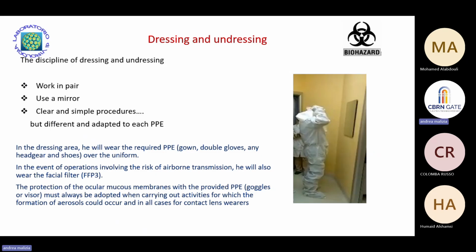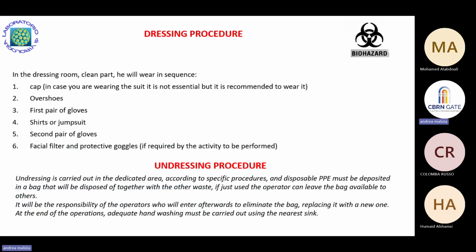Dressing and undressing. In the dressing procedure, you use a cap, over shoes, first pair of gloves, coat or jumpsuit, second pair of gloves, and filter, the mask. And the undressing procedure is vice versa.